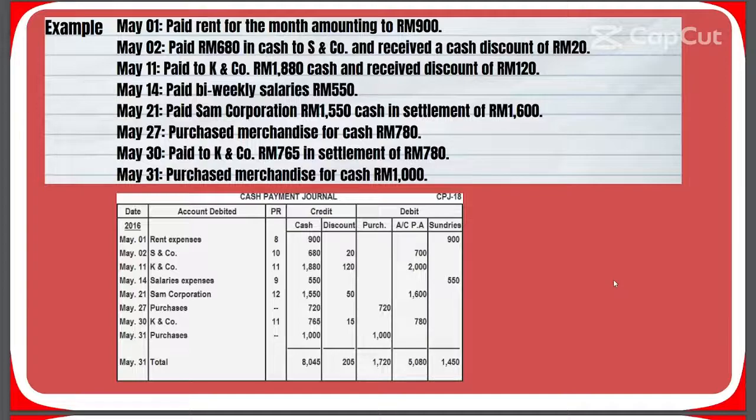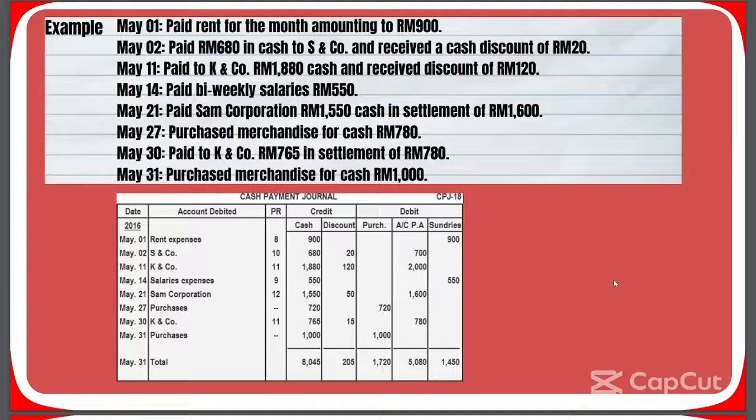Next, date 14 May, you write salary expense because paid weekly salary expense. Then you write amount 515 ringgit to credit, and you write to debit. You make no change to the amount for salary expense.